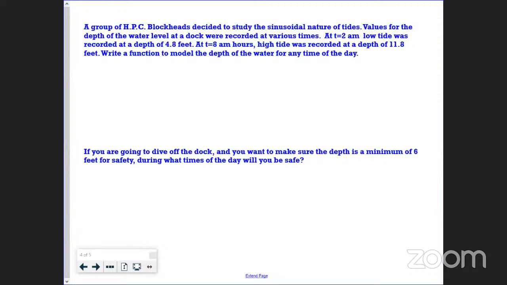So it'd be 2 to 8, which is 6, so 12. Yeah, 12 hours. At another low tide, it'd be at another 2 in the morning. But yeah, the period is 12 hours.